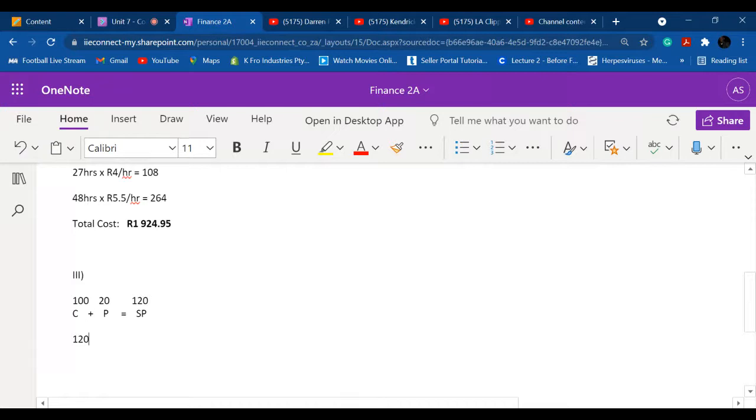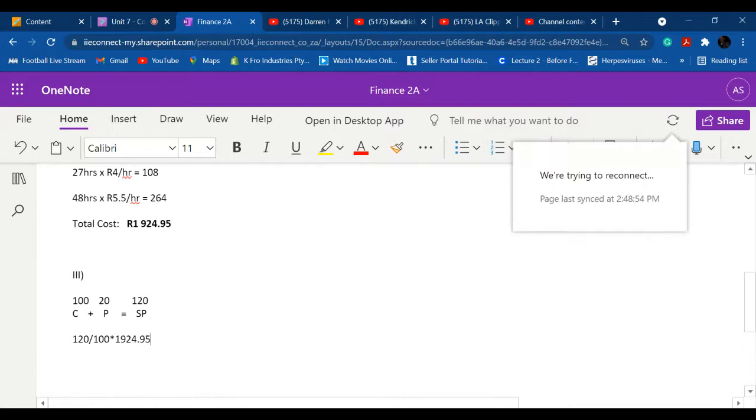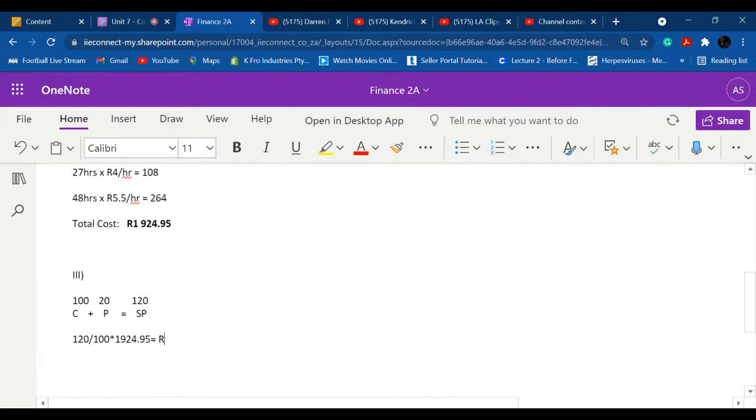Okay, so then what we are saying here, let me go below here. All right, don't worry, I heard some yawning. Almost done. What we want is price. What we have is cost. So we say, what do we want divided by what we have times what we have right now. So 120 divided by 100, and then times our cost, which is what we have, which is the 1,924.95. And can somebody tell me what that is? What is then our selling price?